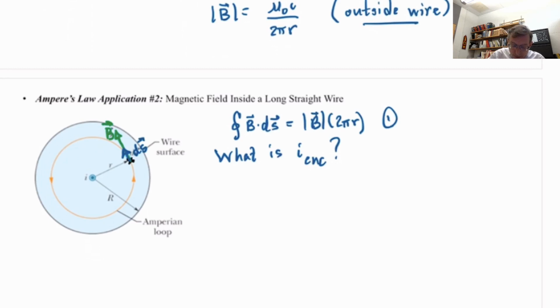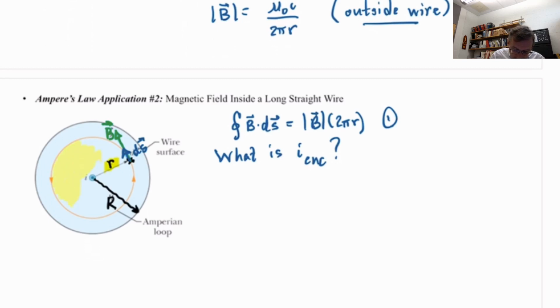So now let's be clear. See where the Amperian loop is? It's got a radius little r. Okay? Whereas the whole wire itself, note by the way carefully, we've denoted its radius with a big R. So our Amperian loop's radius is little r. That's drawn in kind of orange there. The wire's radius is big R. So where's the surface interior to the Amperian loop?